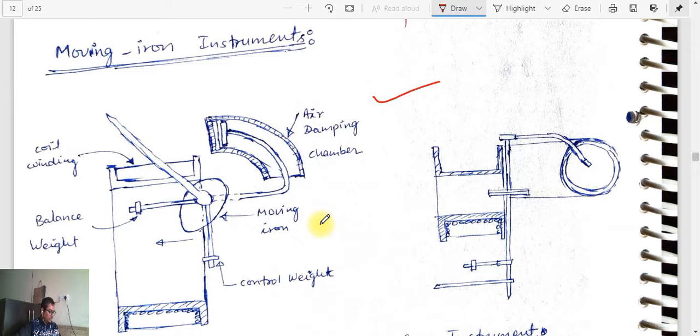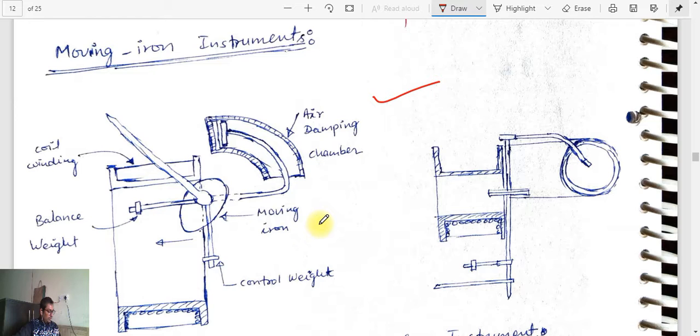A certain number of ampere turns is required for the operation of the instrument, and this number can be made up by a few turns and a large current, and vice versa.